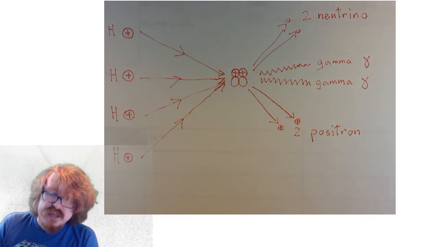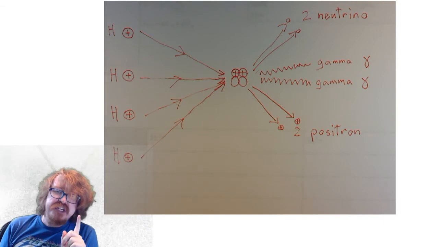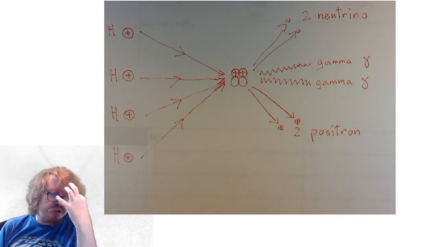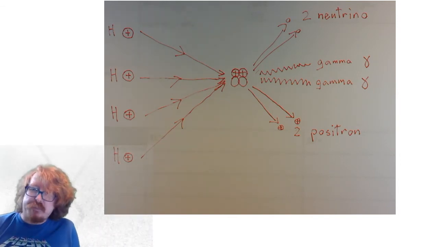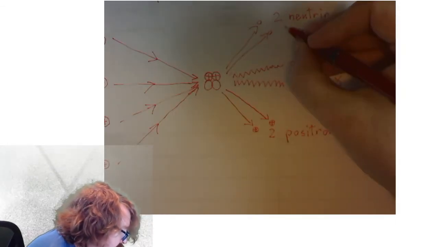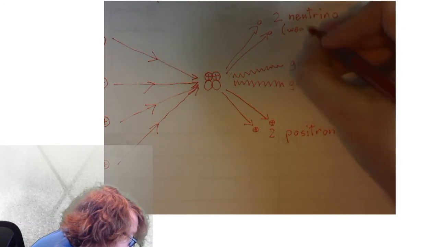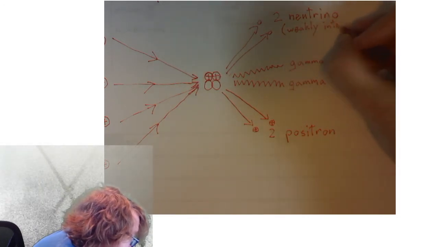In fact, nothing would happen to you in that case. You would actually be better off being hit by the neutrino ball, because it turns out the main property of neutrinos is that they are, and I'm going to put this right here on the diagram, weakly interacting.